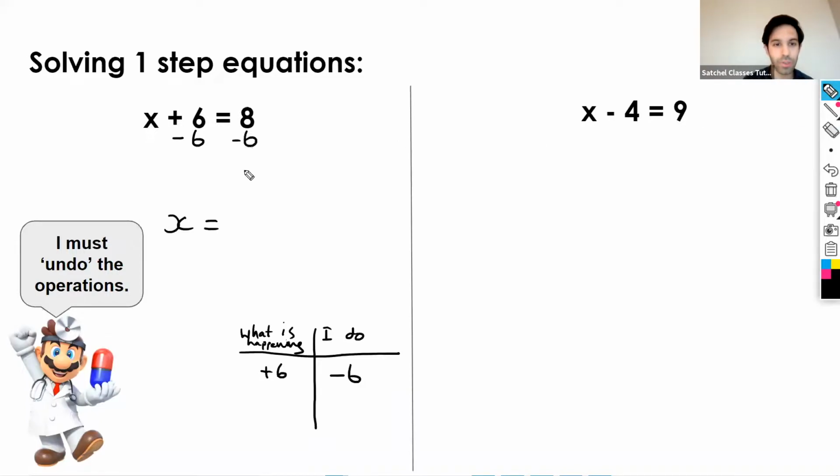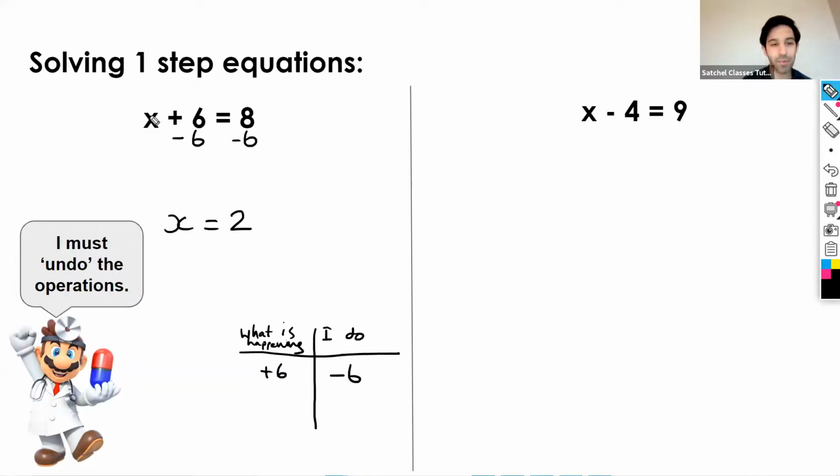So I'm also going to subtract 6 from 8. 6 minus 6 is 0, so we're left with x, and 8 minus 6 is 2, so we're left with 2. Therefore, x is equal to 2. And this is the value of x. If we follow this process, it is quite easy to find the value of x.